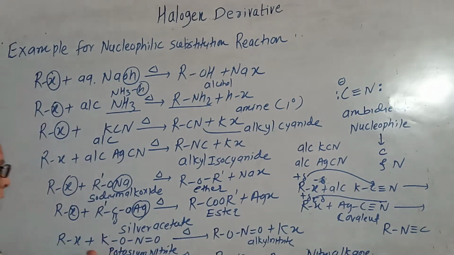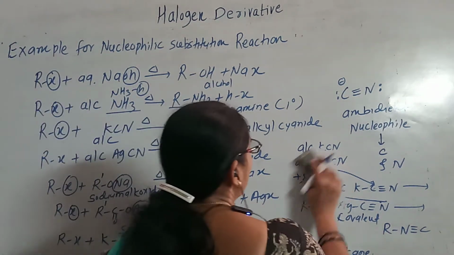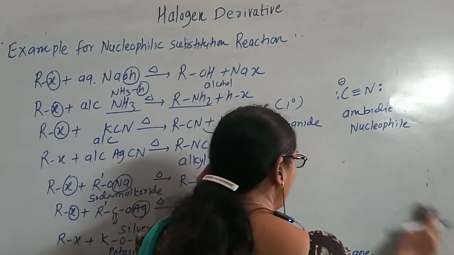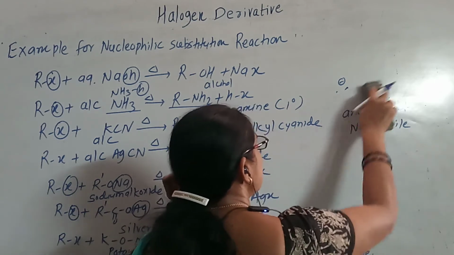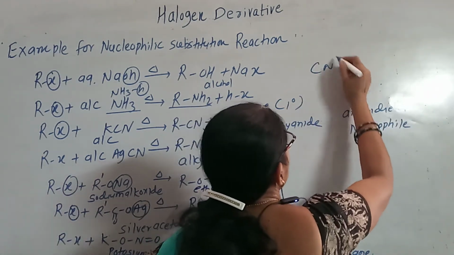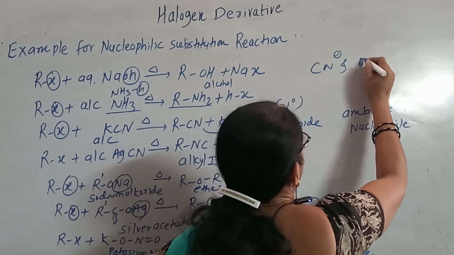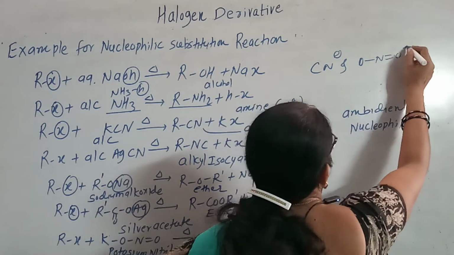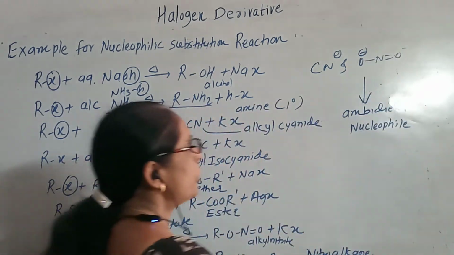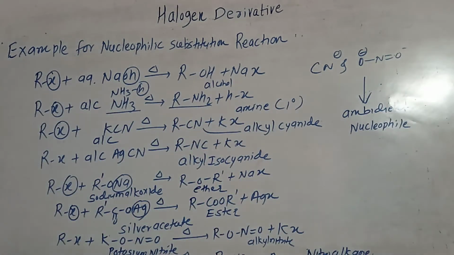In case of potassium nitrite or silver nitrite, the NO2 nitrite group is again ambident. Remember CN minus and ONO minus, these are again ambident nucleophiles. So here the same thing happens as you observe here.